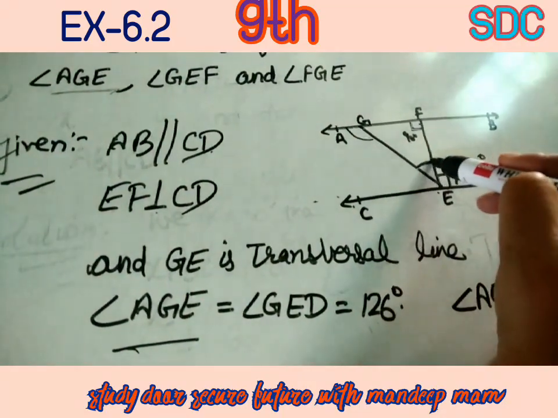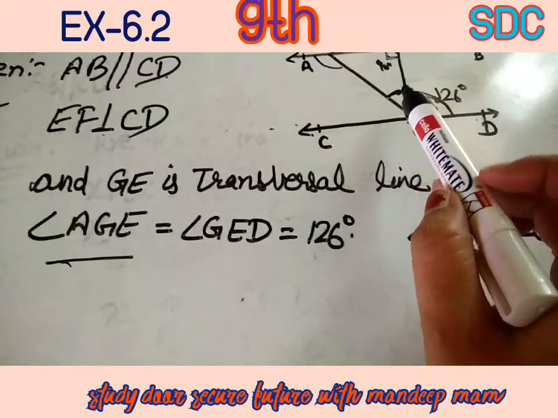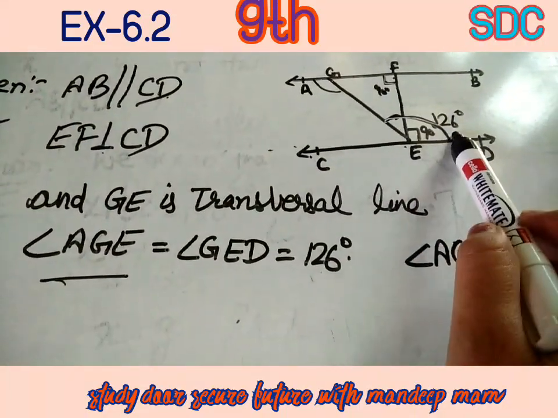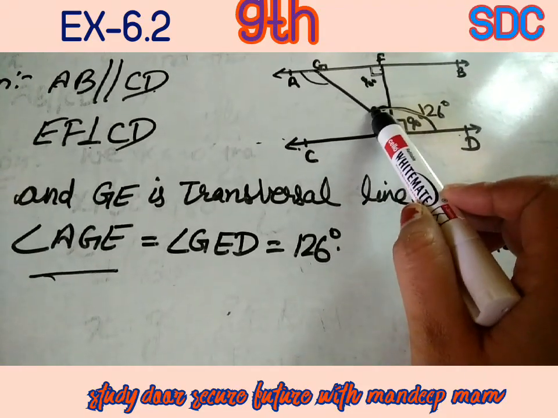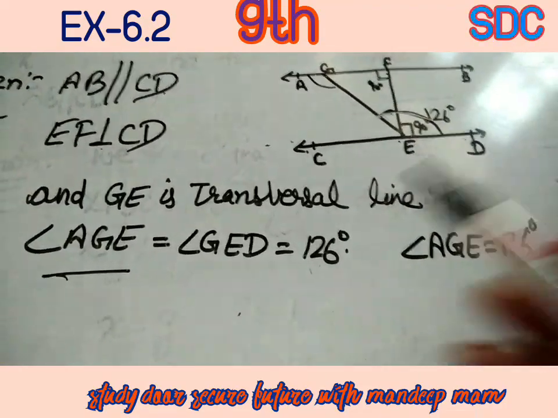GEF. This one. Now we know that this full angle is 126 degrees and the part of it is 90 degrees. So the remaining angle will be 126 minus 90.